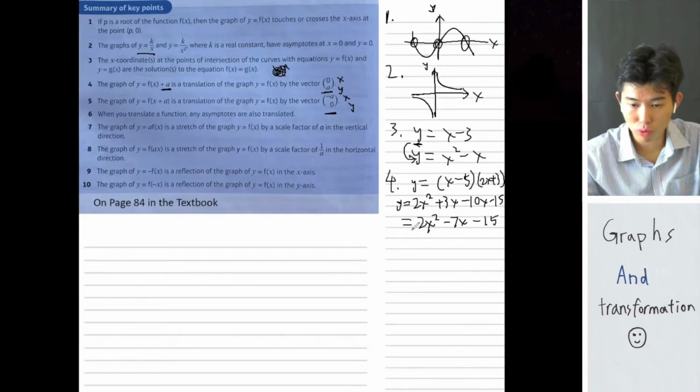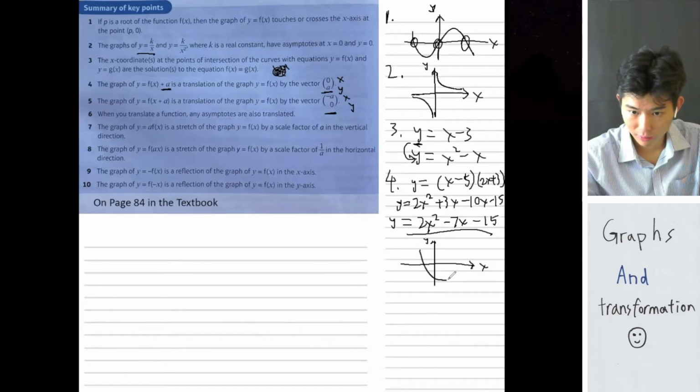If we draw the graph of this equation, y, it would look something like this, because we already know that the critical values of x are 5 and minus 3 over 2. So this will be minus 3 over 2, and this one will be 5. This one here will be, I just substitute x equals 0 into this equation, minus 15.